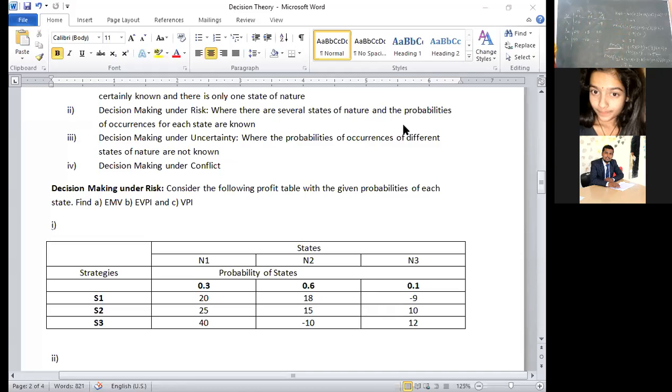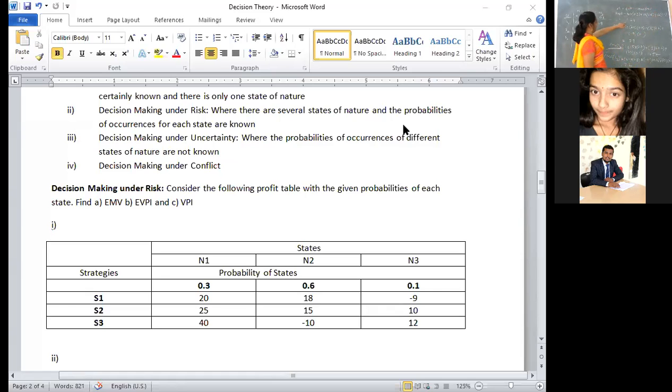Then we need to find the value of perfect information, that is VPI. The formula is: value of perfect information is equal to EVPI, expected value of perfect information, minus maximum EMV, expected monetary value.